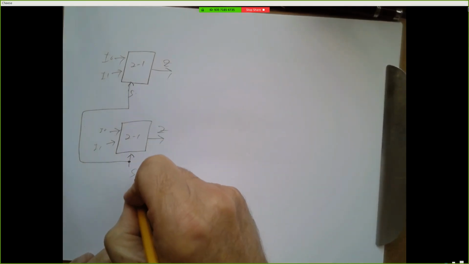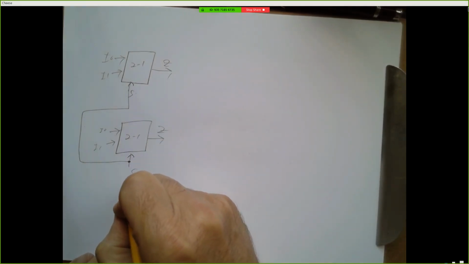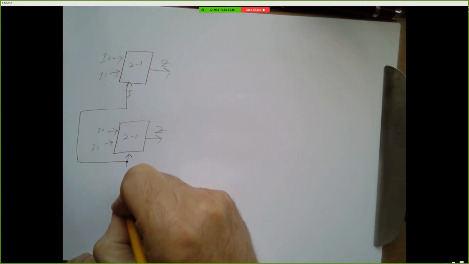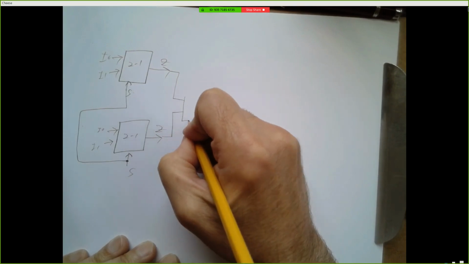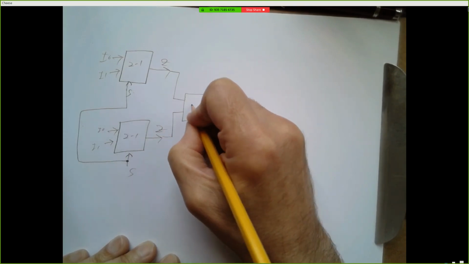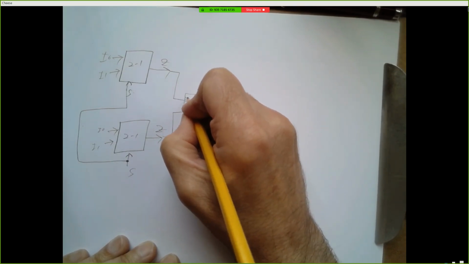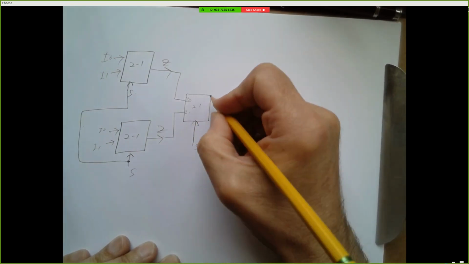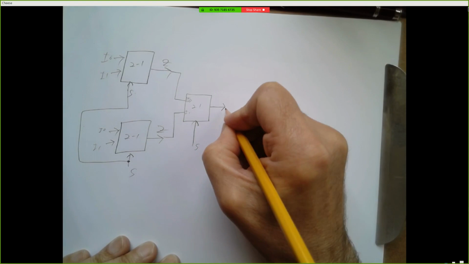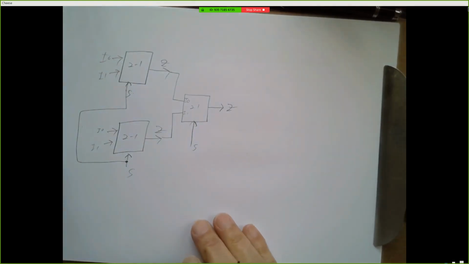Okay, let's take these two outputs, put them into another 2 to 1. So this is input 0, input 1. Here's another select line. And here's the output of this.